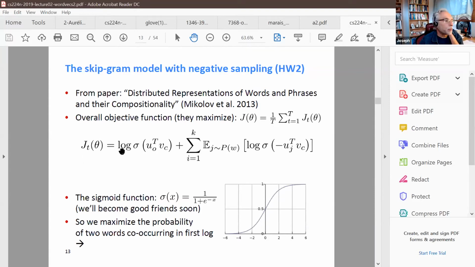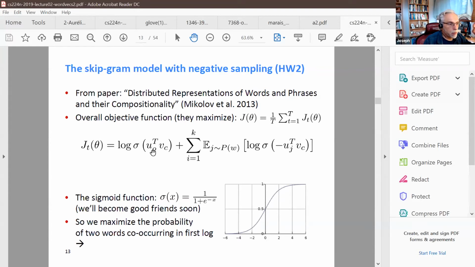That is going to be the logarithm of the sigmoid function of the dot product of the outside word vector times the context word vector. So what is the sigmoid function?